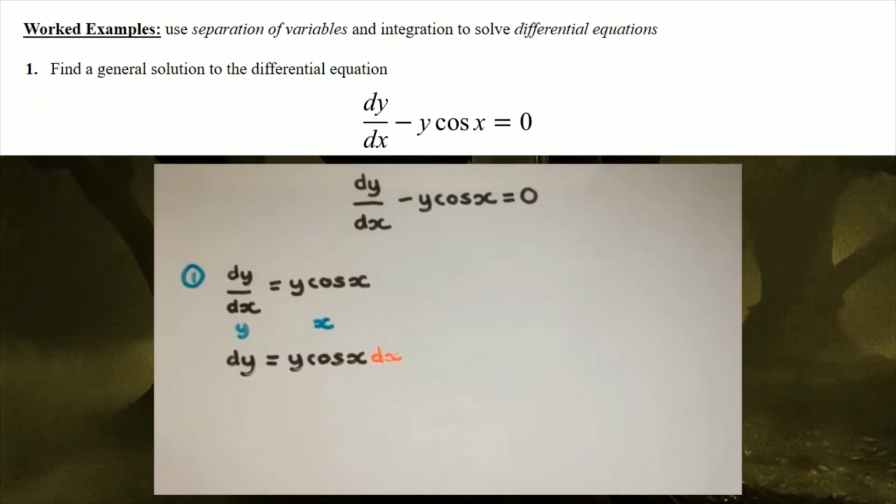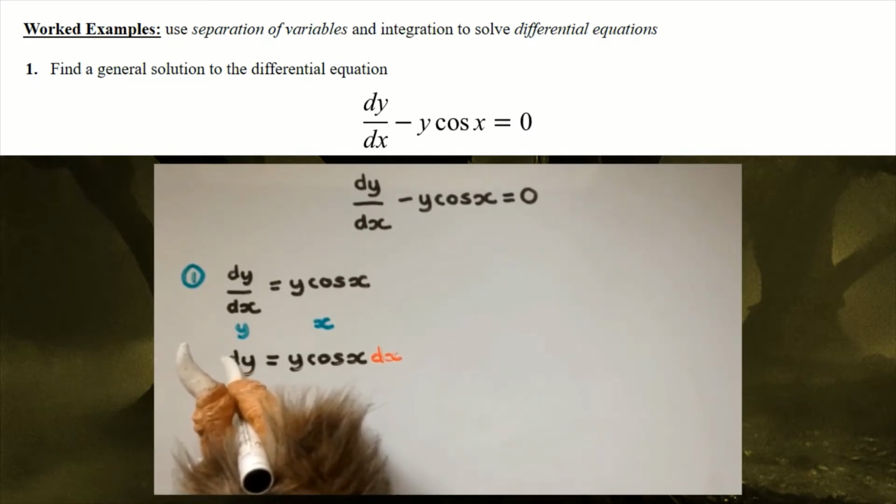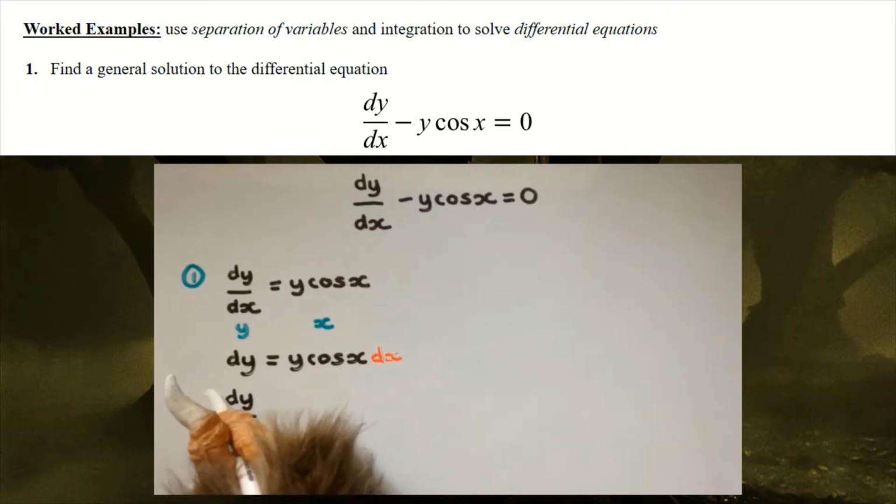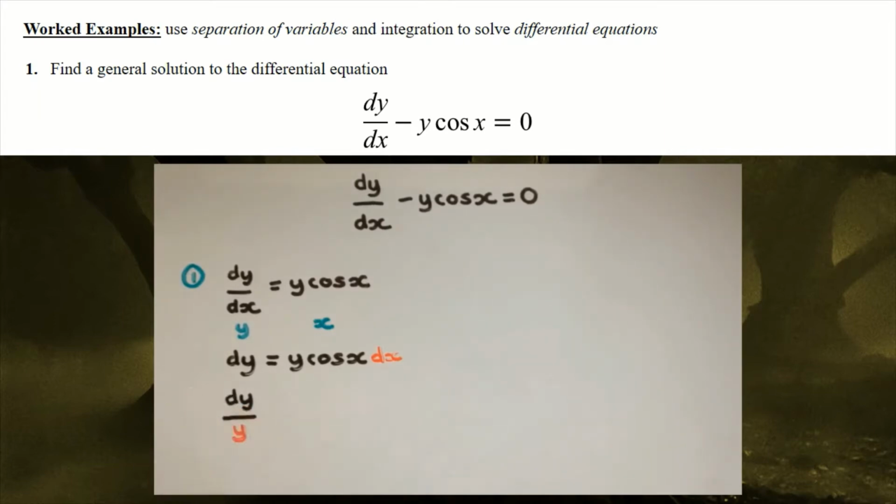Okay, let's just have a quick check. So I've got dy there. On the right hand side, I've got a y which shouldn't be there, it needs to be on the left hand side, and because it's multiplying across, I'm going to have to divide by y. So let's divide both sides by y, and this is going to leave me with dy over y. Just doing it in red to show that this is the active part of the step, if you like.